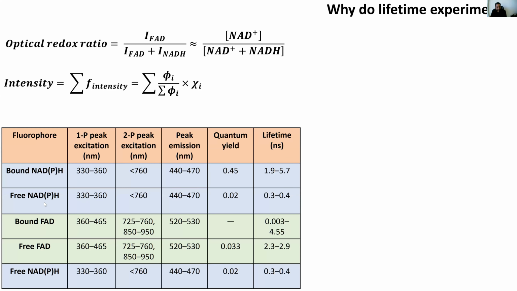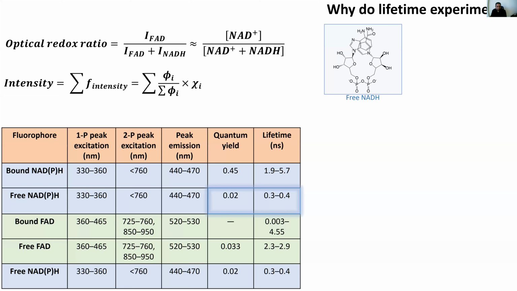Again, I'm going to go back to this. If you look at it, there is protein-bound NADH and free NADH, which have very different quantum yields. Free FAD and protein-bound FAD, I couldn't find the number for this, but they also have very different quantum yields. And if you think about that, then whatever you're seeing in FAD or NADH is going to be completely dependent on the fraction of each of these species present, which makes this correlation difficult to do.